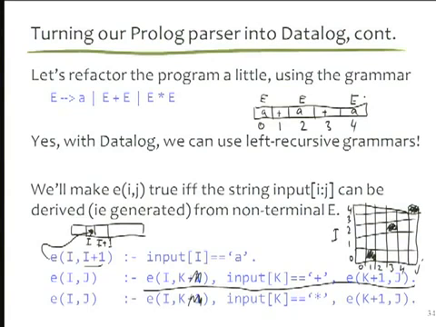We know that this can be derived from E, and this and that. Can we now learn that this whole thing here is an E? We should be able to see that this is an E, then there is a k, which is a plus, and then that one. Okay.